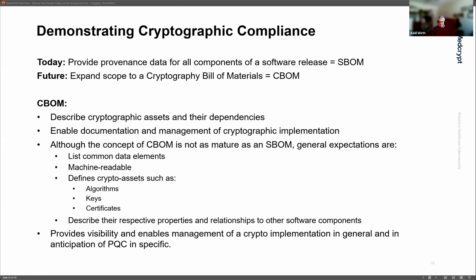All of that then provides visibility and enables management of your crypto implementation. You can demonstrate confidently that your implementation meets the state of the art, but it also helps you, going forward, manage post-quantum readiness. Next slide, please.